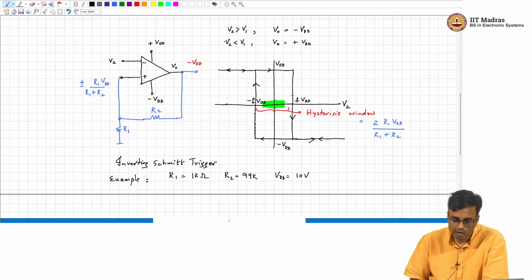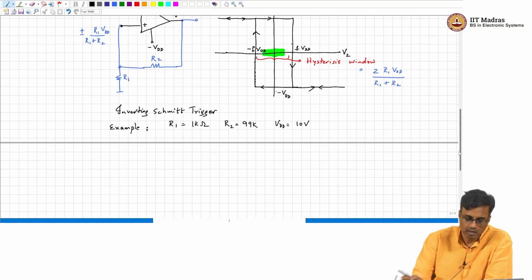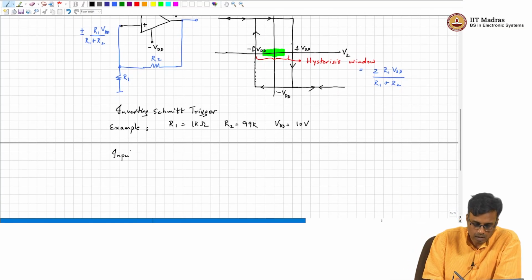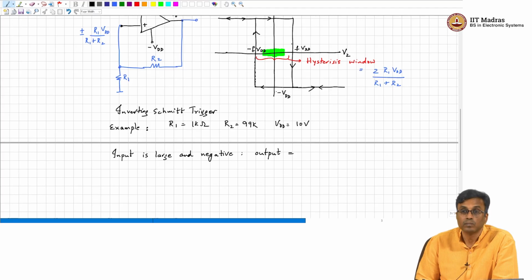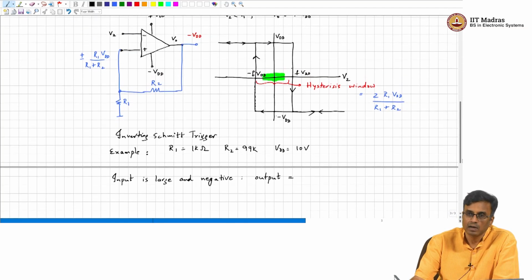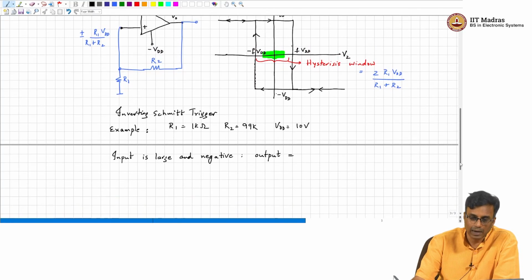So, when the input is large and negative, what is the output? It is an inverting Schmitt trigger. When the input is large and negative, what is the output? Plus 10.